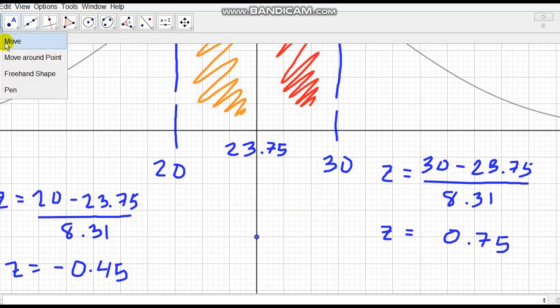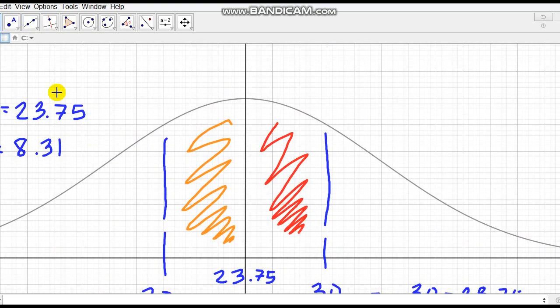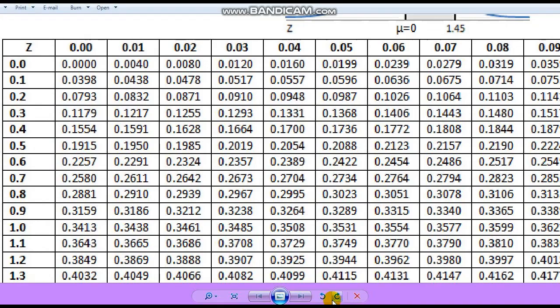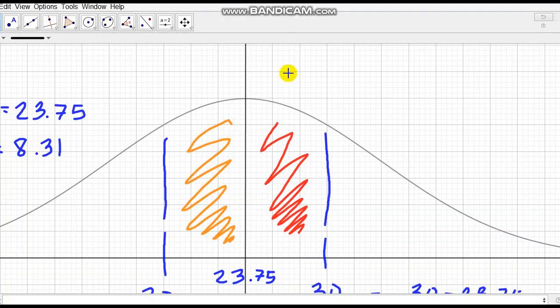So let's start first with the red one. Let's look at 0.75 on our table. 0.75, it's here. 0.2734. Actually, we had this earlier. So this red area here is 0.2734.